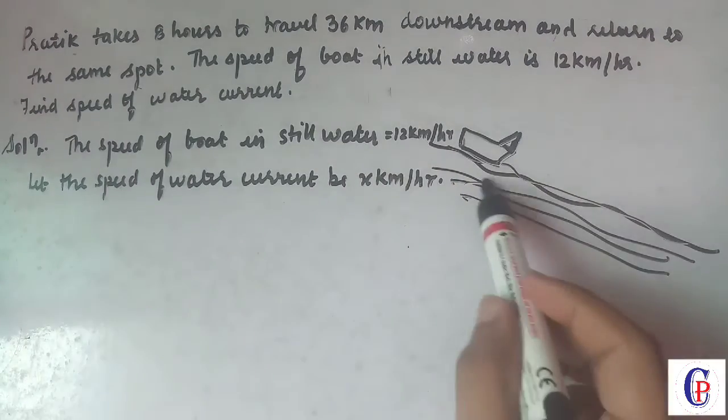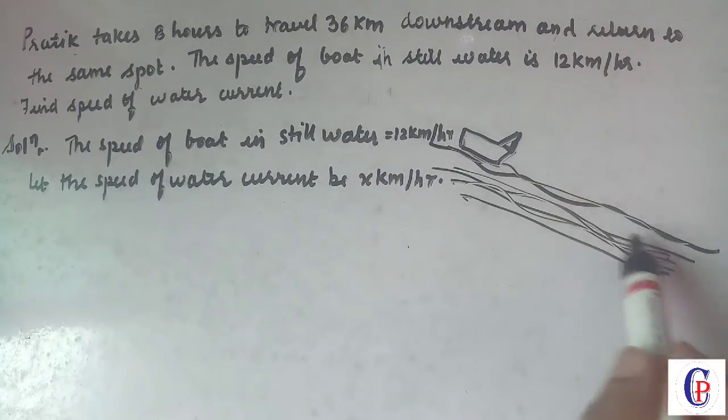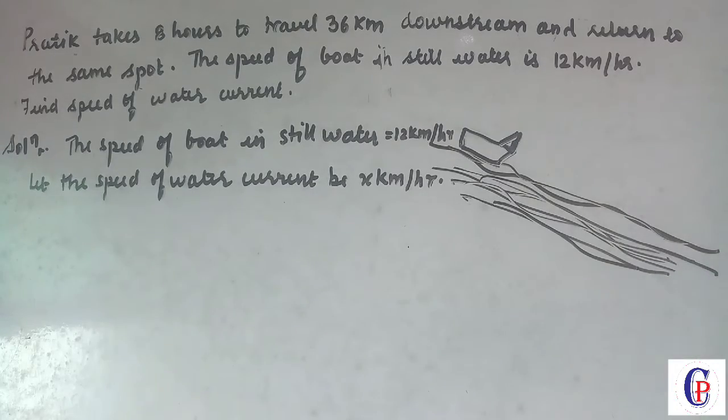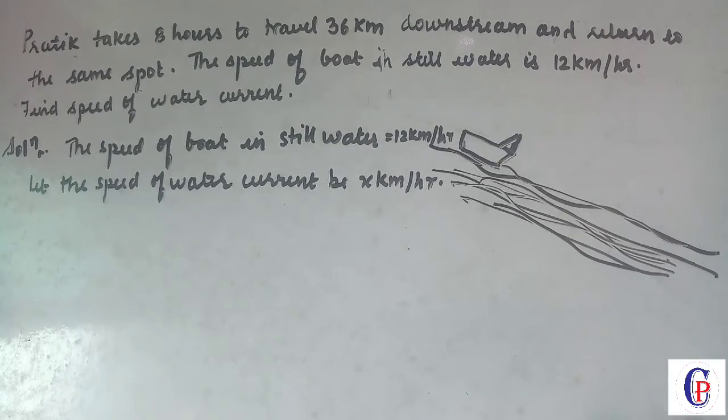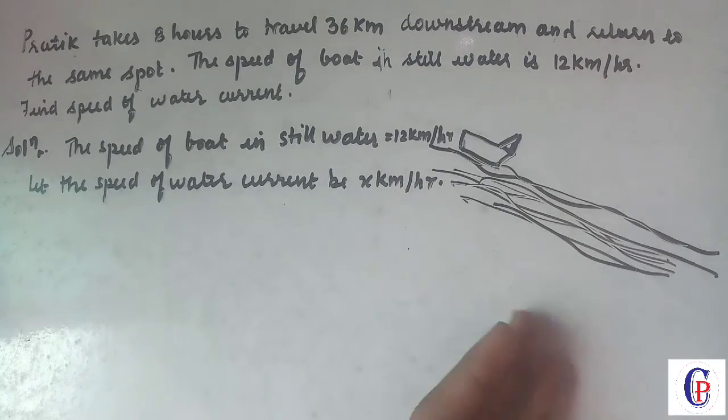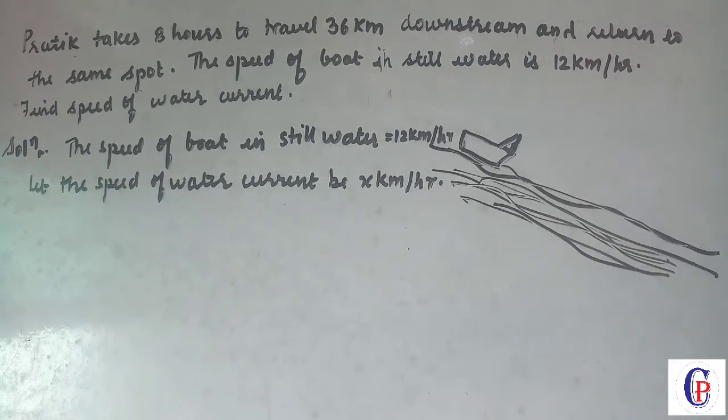Now it is understood that the water will only flow downwards, it will not go upward. The boat can come down and go up, but water will naturally flow in the downward direction, because we are talking about a stream. It is not a pipeline where we have fixed a motor and the water is going up.